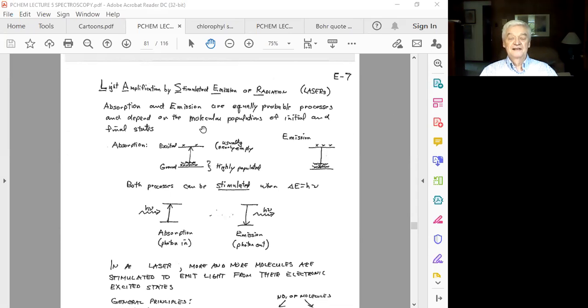Okay, to understand lasers, first of all, the word is an acronym. It stands for light amplification by stimulated emission of radiation. So we're going to stimulate molecules to go from their excited states down to ground states, and we'll be able to get extra photons out by this process.